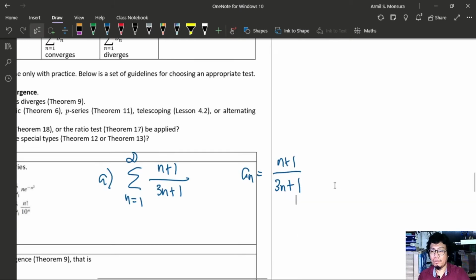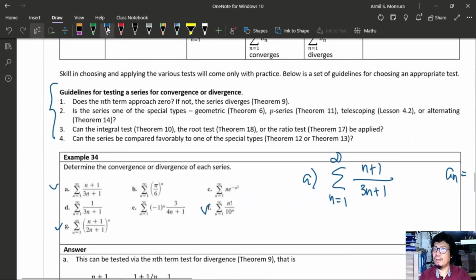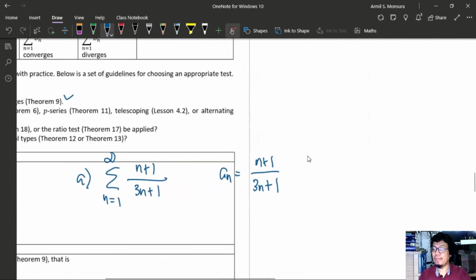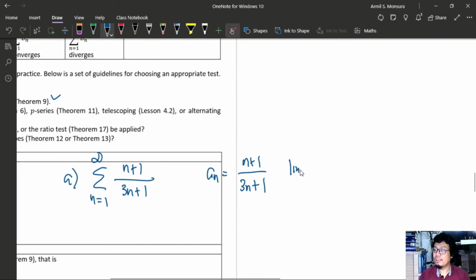According to the guidelines, what we will try first is the nth term test for divergence, Theorem 9. Let's try it by evaluating the limit of a_n as n approaches infinity and see if this is equal to 0 or not.